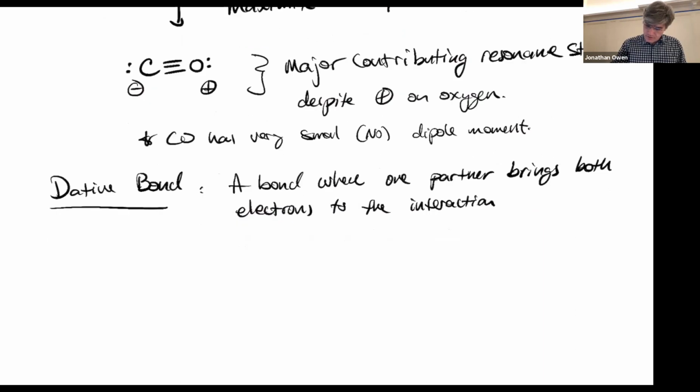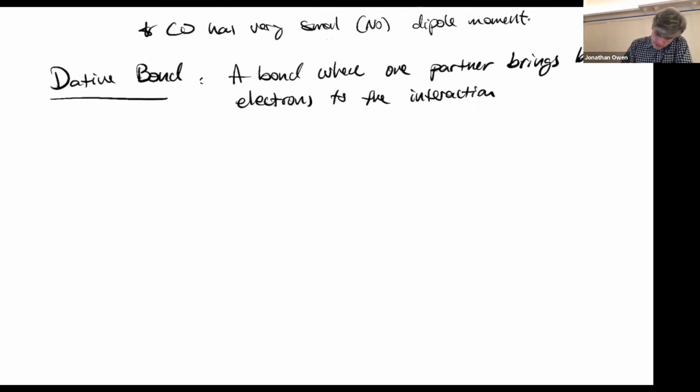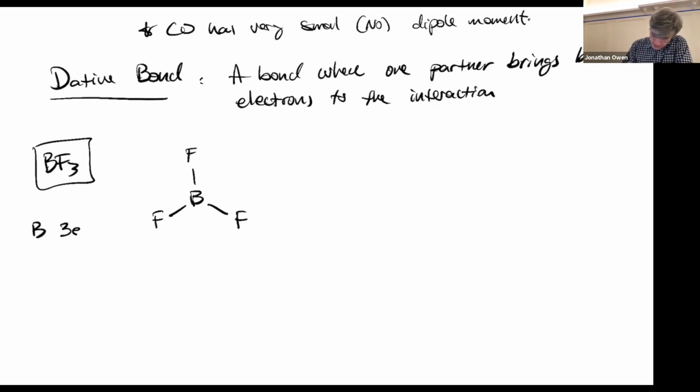So let's do another example here before I close up shop. Let's do BF3. It's a good one. Boron. Draw some covalent bonds there. Boron has 3 electrons to begin with.